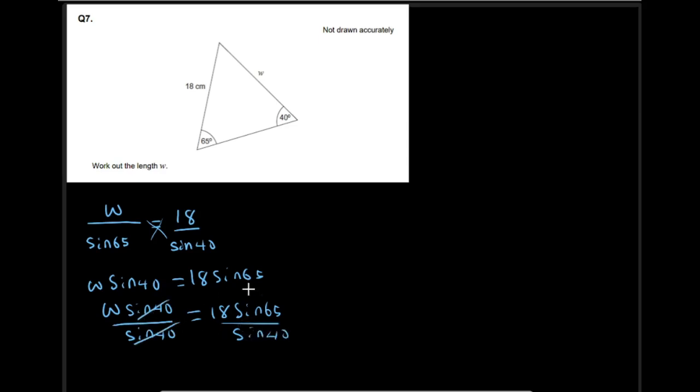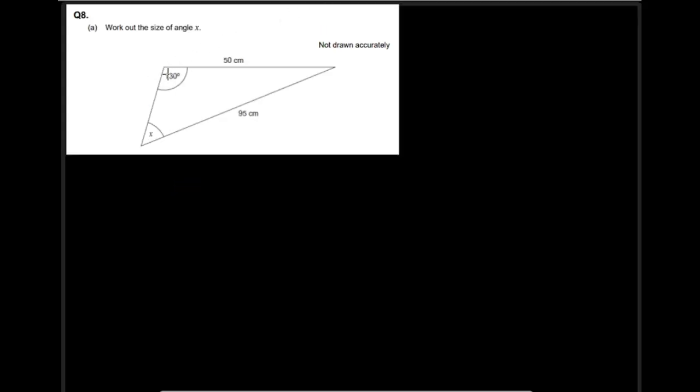So this will cancel out this, and we'll be left with W equals 18 sine 65 divided by sine 40. Using our calculator, our answer becomes 25.38 cm.